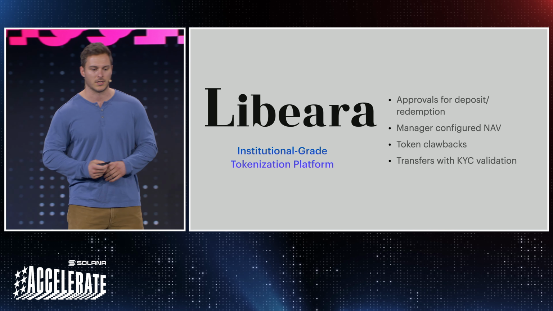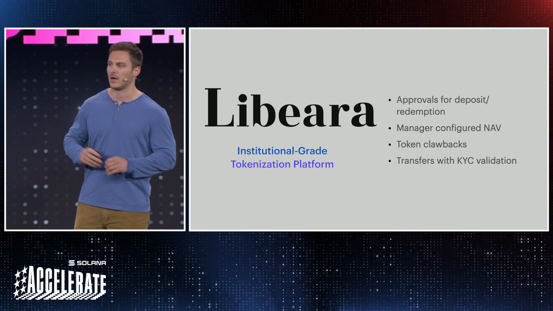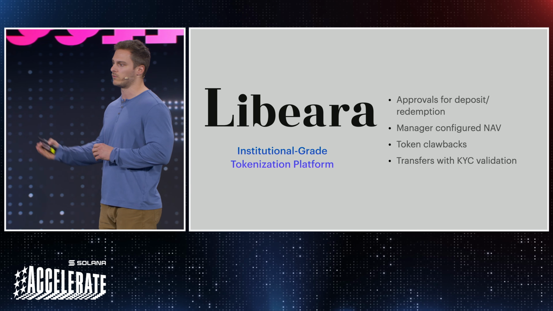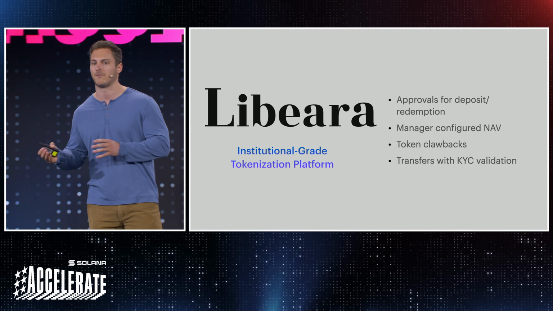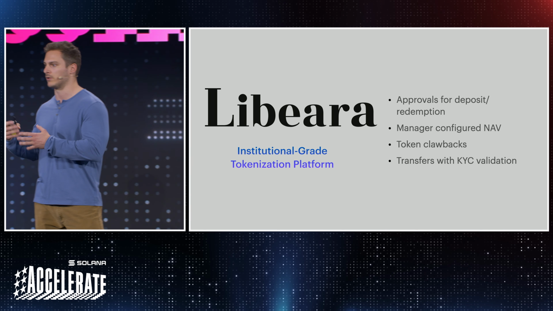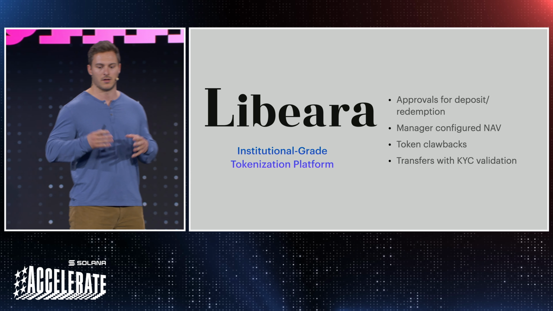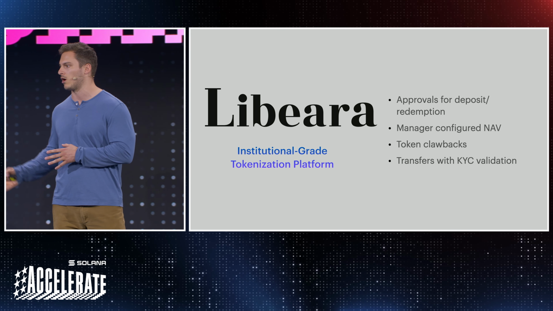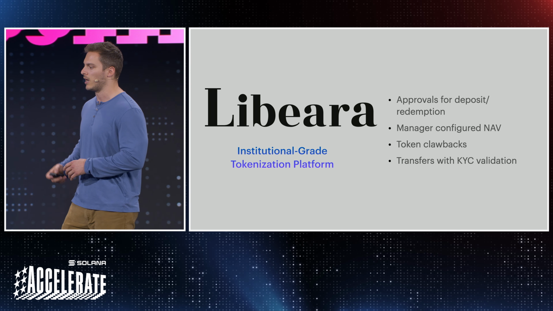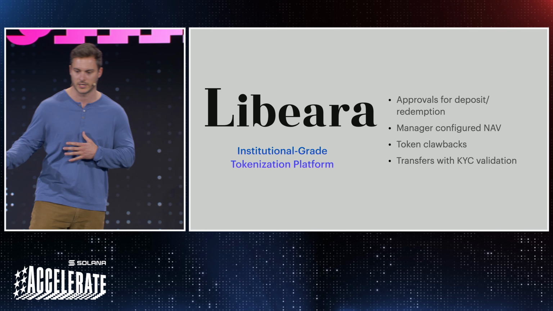Now, another one is a Singaporean-registered tokenization platform that's slightly different, that uses approvals for deposit and redemption, allowing fund managers to decide which wallets can redeem their RWAs and whatnot. So this is a manager-configured NAV. They support token clawbacks with permanent delegate extensions, and then use the transfer hooks for KYC validation across every transfer.